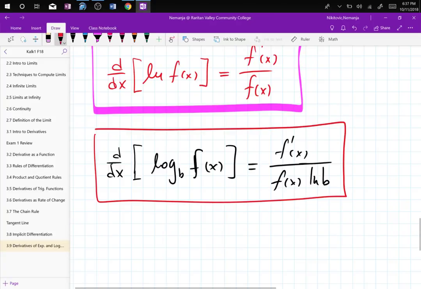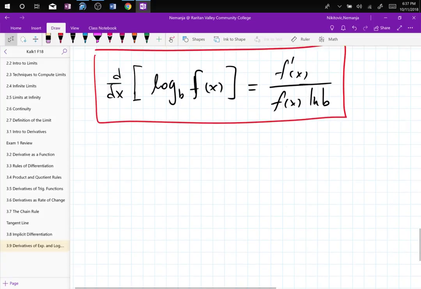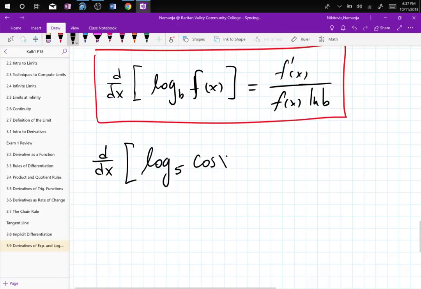So, okay. You guys are going to practice on these. What is the derivative of log 5 of cosine x?